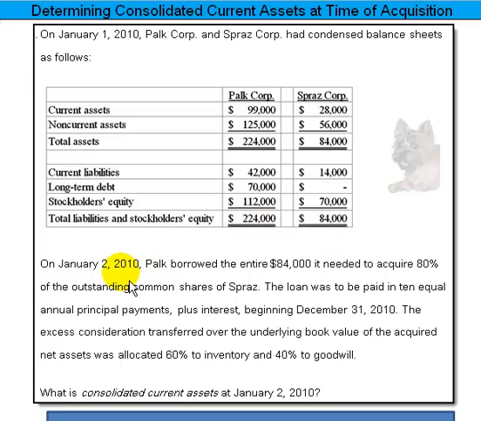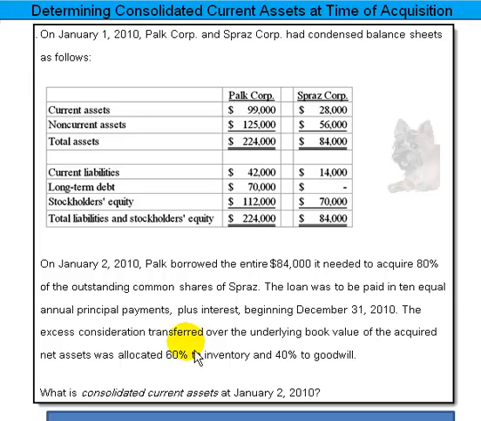On January 2nd, 2010, POC borrowed the entire $84,000 it needed to acquire 80% of the outstanding common shares of Spratz. The loan was to be paid in 10 equal annual principal payments plus interest beginning December 31st, 2010.